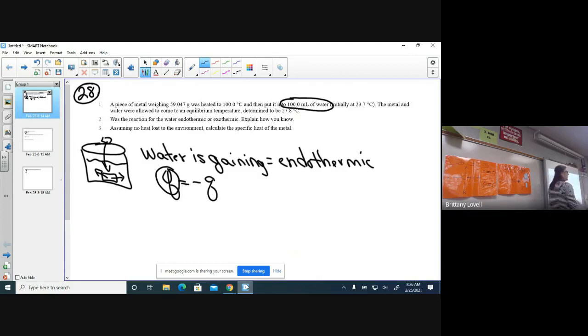And we have 100 milliliters of water, okay? I'll try to remember to put this on the test, but if you know that the density of water is about 1 gram per 1 milliliter, if you had 100 milliliters of water, what would the mass be? 100 grams. So we have 100 grams of water, H2O.